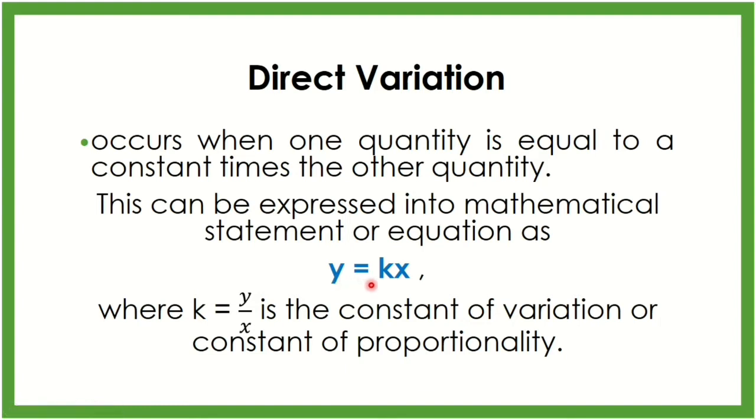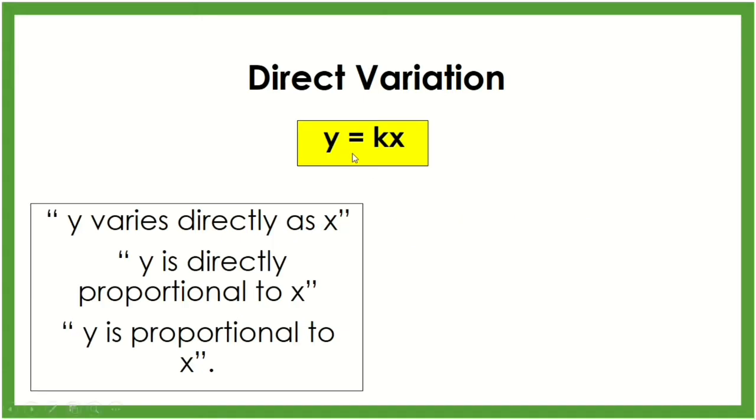Y equals k times x. One quantity is y, k is our constant, times the other quantity which is x. This is the equation of direct variation. Y equals k times x.